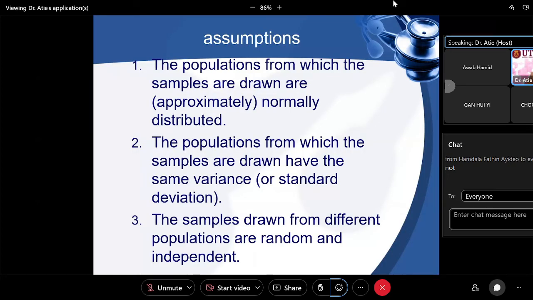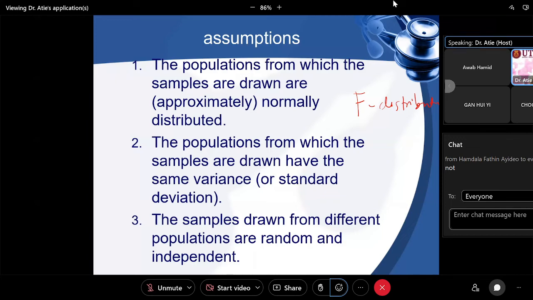The assumption will be the same actually for the normal distribution, for the Z-test, T-test, and also now we are using ANOVA. Before, we used the Z-test with the Z distribution or normal distribution, and then we used the T distribution, a different statistical table, and for ANOVA, we use the F distribution.